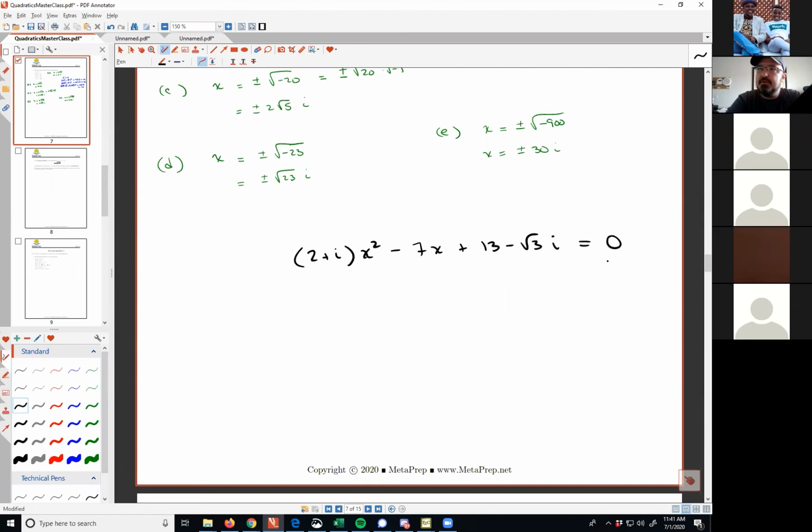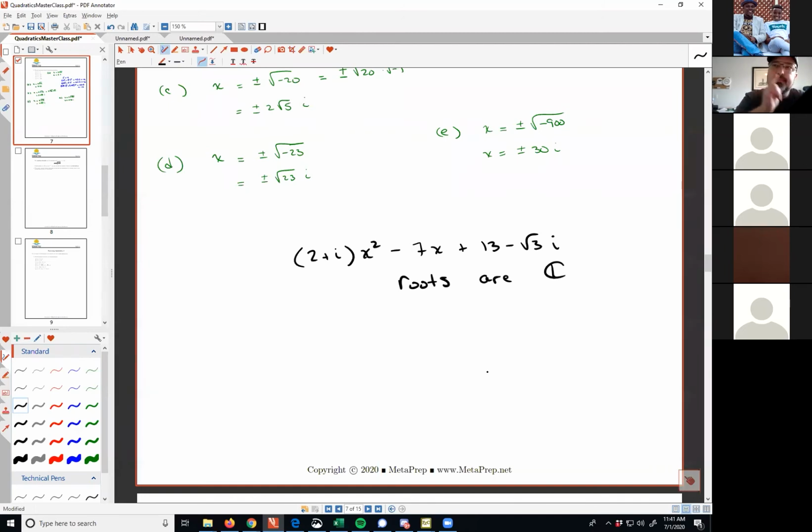I don't even have to do the work. I know that the roots, or the solutions, it's an equation, or I could say the roots of this quadratic expression are themselves complex numbers.